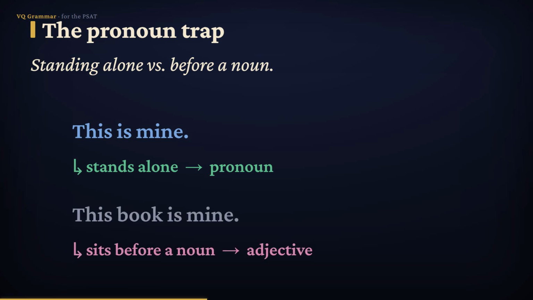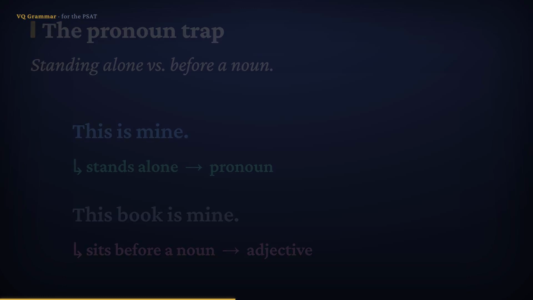But if the very same word sits right before a noun and describes it, it's a demonstrative adjective. This book is mine. Where this leans on the noun book is an adjective. Same word, 2 jobs. Alone is a pronoun. Before a noun is an adjective.